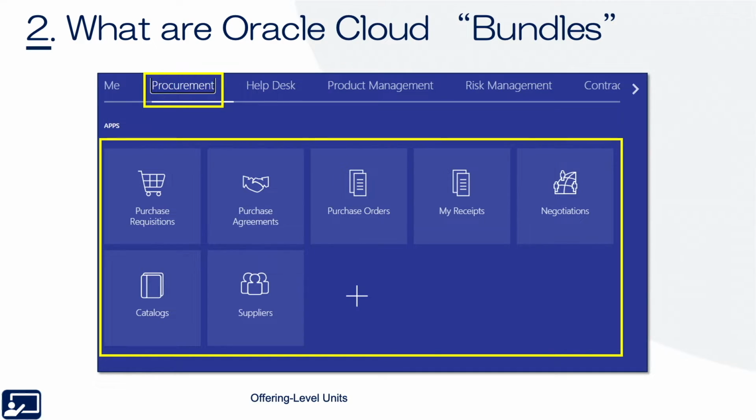If you need more information about how offerings play into pillars, play into functional areas, then you want to watch our application organization video. Suffice to say that bundles are offering level units, and this is largely a function of how sales views the products or services that it sells.